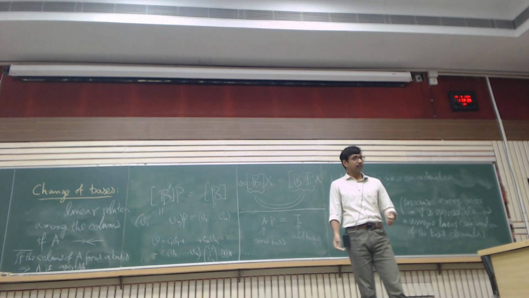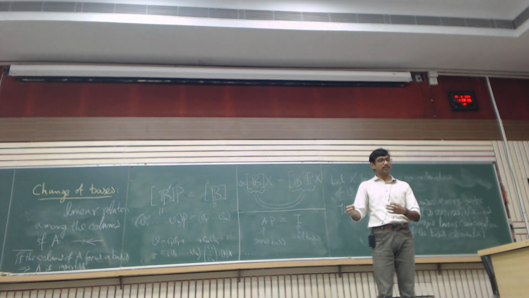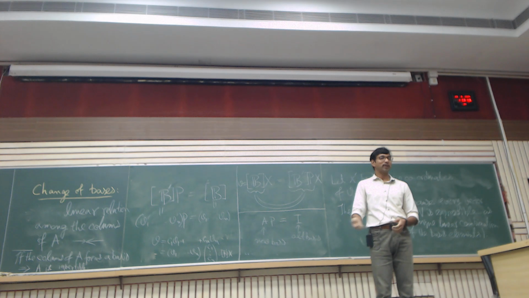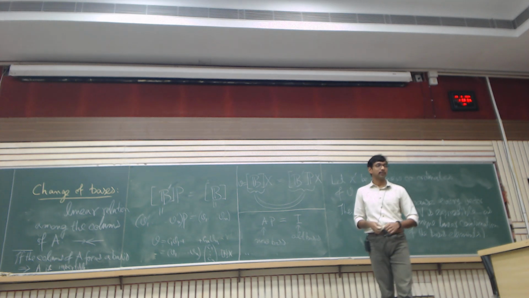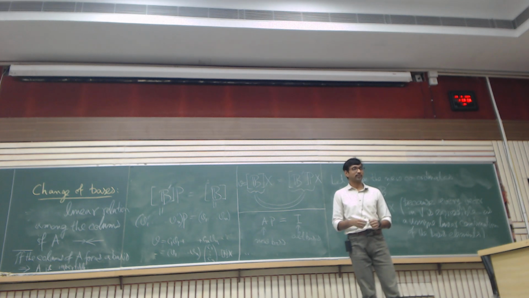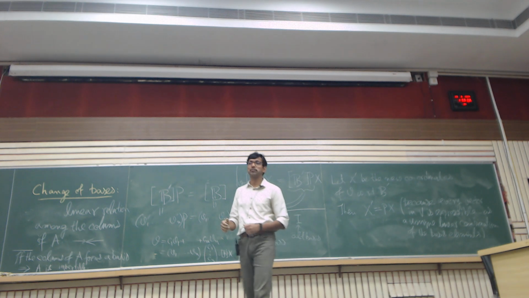We also used it earlier, when we have a basis and a linearly independent set of the same cardinality, then it has to span the space, so it should be a basis. So in finite dimensional vector spaces you have this advantage: you don't have to check both whether it's linearly independent and whether it spans.